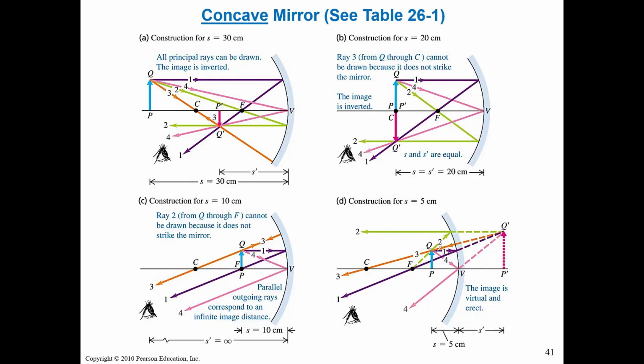Why is that? Because you can determine the position of Q prime from the P ray and the F ray, right? In this case, if you put the object inside the focal point, you can see that if we connect the focal point and the object, this light ray is always going upward.